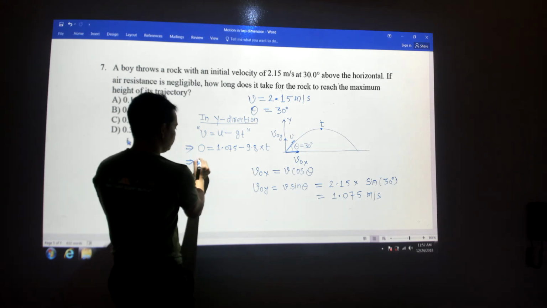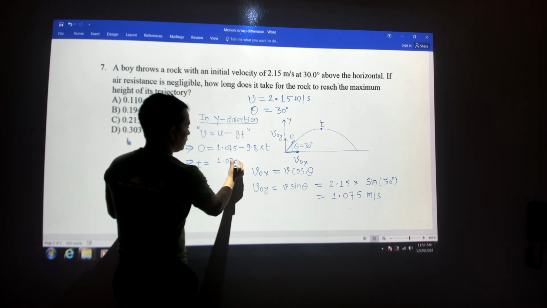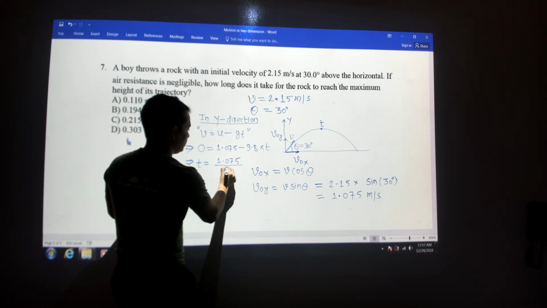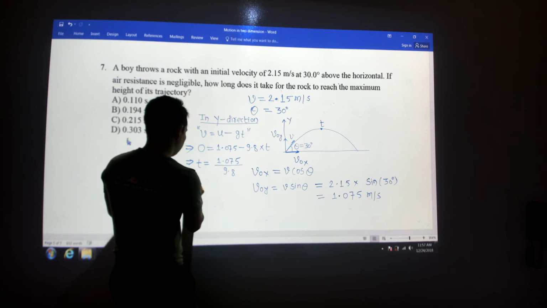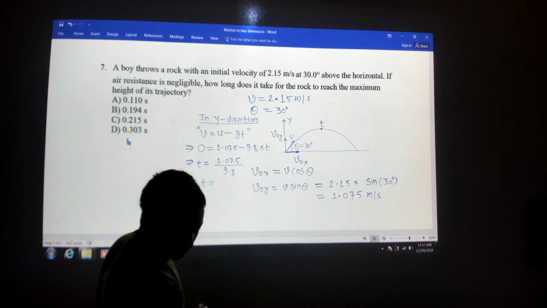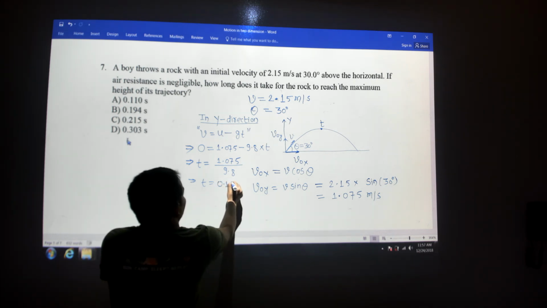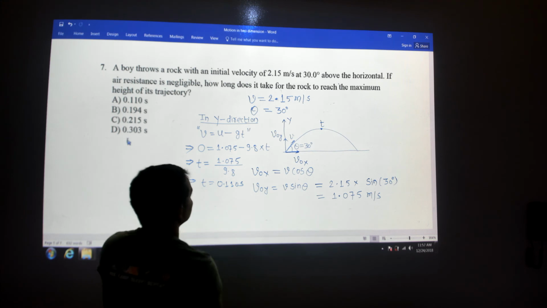So your time will be equal to 1.075 divided by 9.8. If you just solve this with your calculator, you will get 0.110 second. This is the time you get.